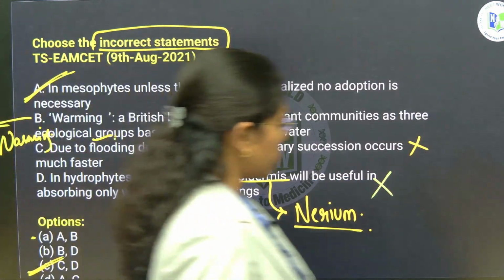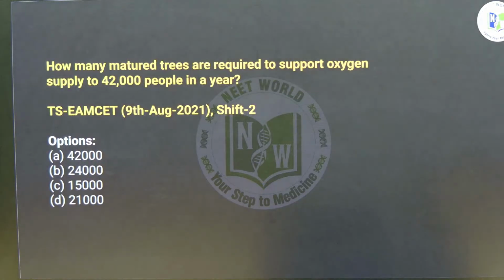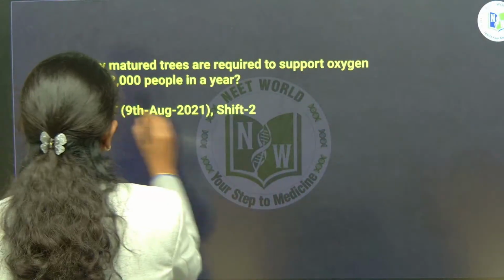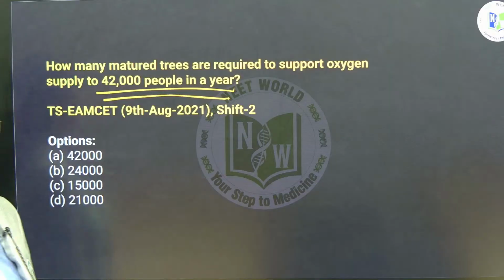Next question. How many mature trees are required to support oxygen supply to 42,000 people every year? Okay. How much amount of oxygen is required?